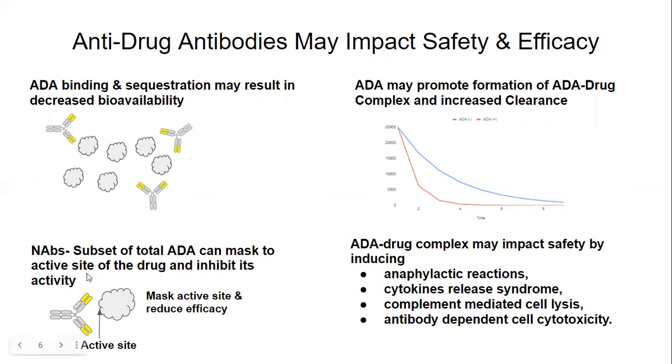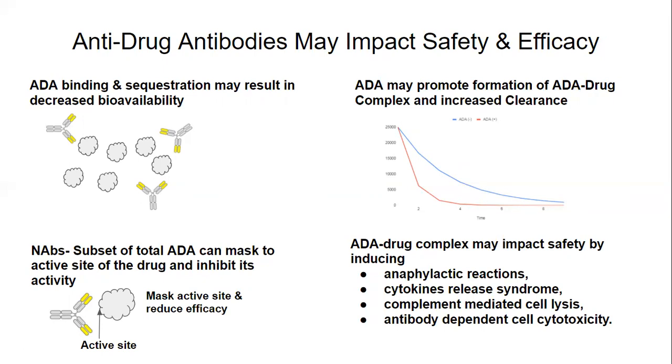The third mechanism by which it can affect safety and efficacy is that there may also be a subset of total antibody that can mask the active site of the drug and inhibit its activity. And these are called neutralizing antibodies.